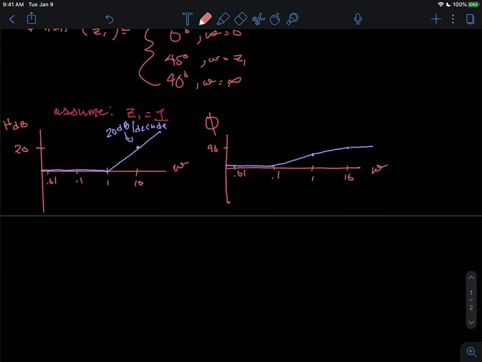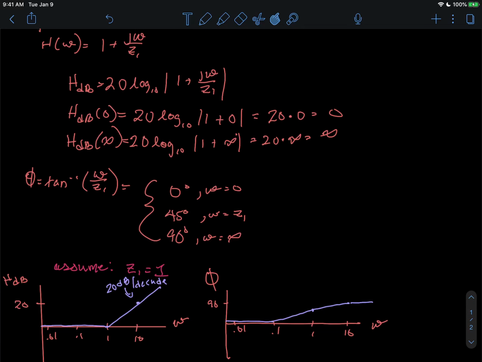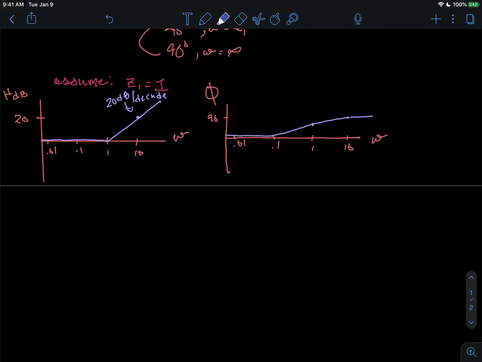Now, I looked at just this part right there. That's what I focused on. But remember how at the top you could have this, or this, or this, and each case has its own phase and magnitude plot. I don't want to go through the derivations of all that.